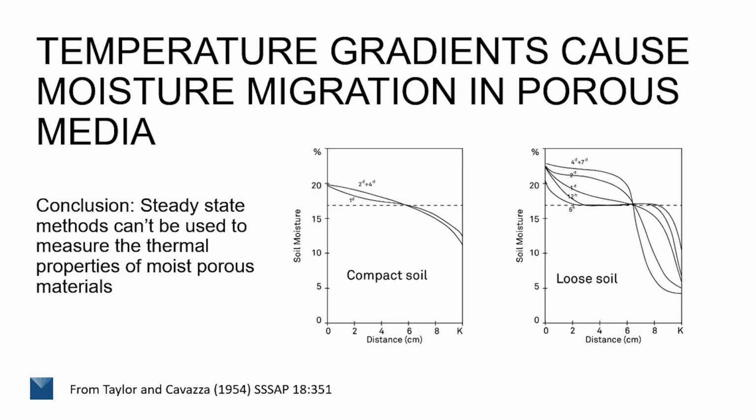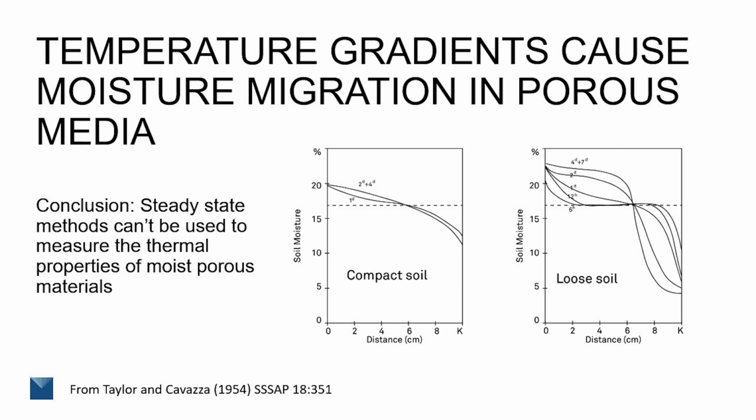Now here are some data from a paper that was published over 70 years ago on the redistribution of water with temperature gradients. Two columns of soil were cooled. For the graph here, it's on the left side, cooled on the left and heated on the right. The soil in the left graph was compacted while the one on the right was left loose.